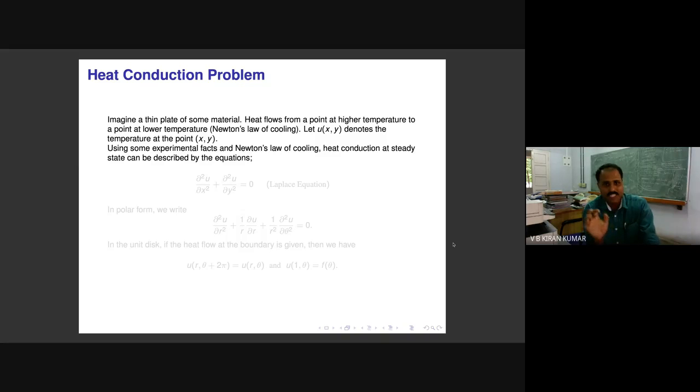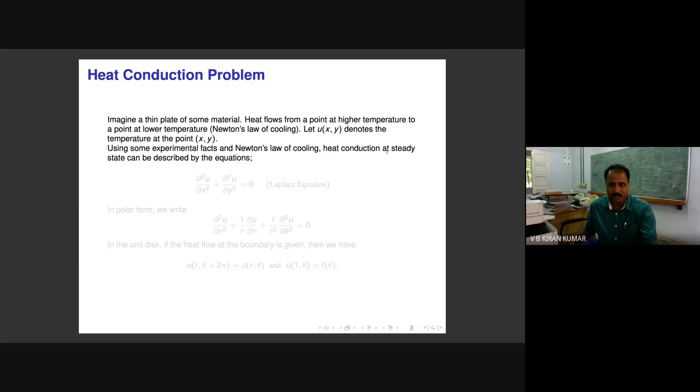But let us assume that it is a kind of steady state. So we need to understand the temperature at an arbitrary point (x, y). That means you need to understand the function u(x, y). Now, with some experimental facts, and using Newton's law of cooling, we obtain the heat conduction at steady state.